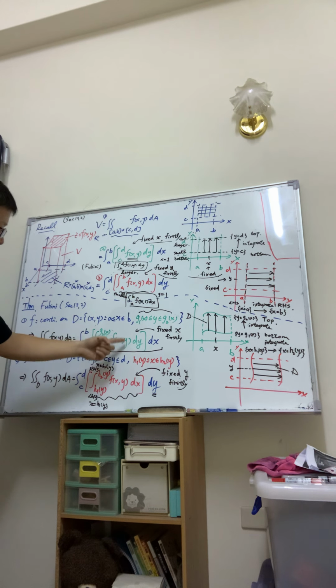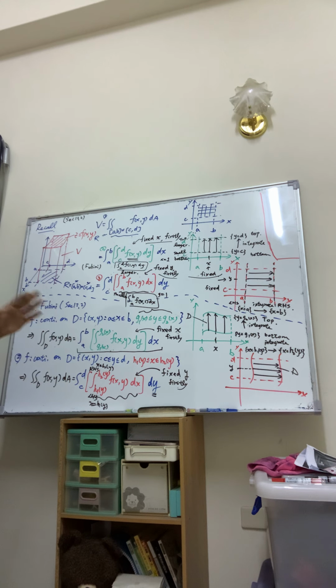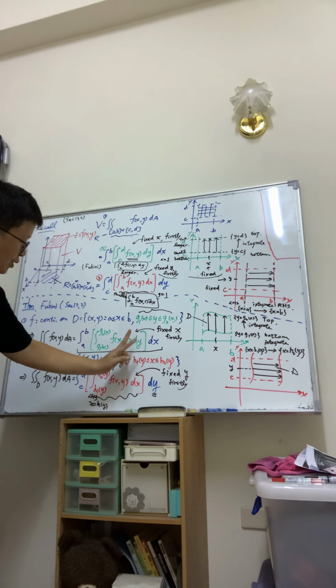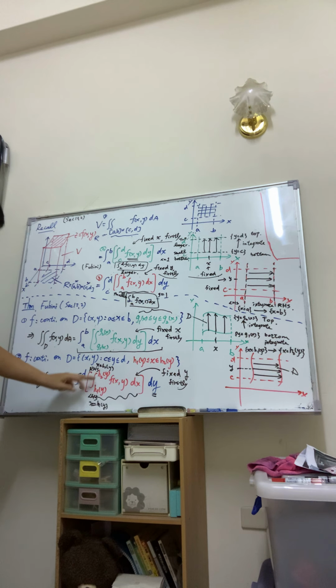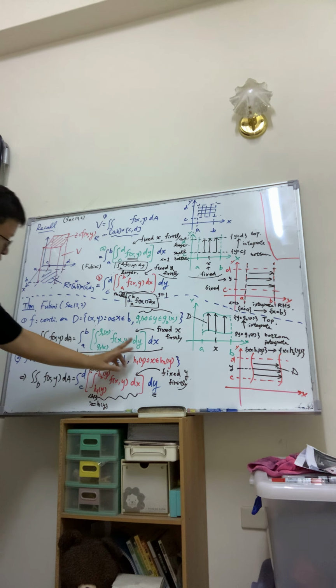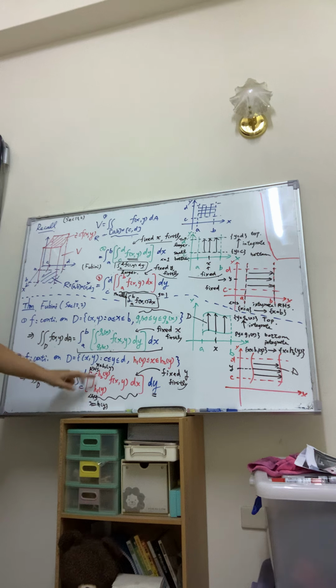But for the function, when we integrate y, it will be complicated, or actually we could not solve it properly. But we could use Fubini to change the region. We could interchange x and y, but you should know what's the corresponding h1(y) and h2(y). When we interchange x and y, the bound will be changed. We still use the same region, but the bound will be changed. So you should know how to change the region.